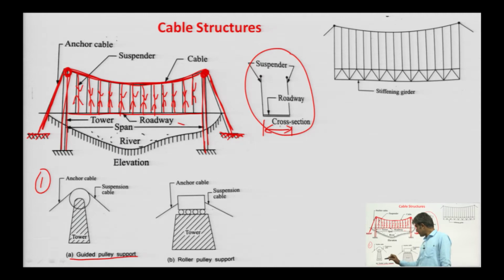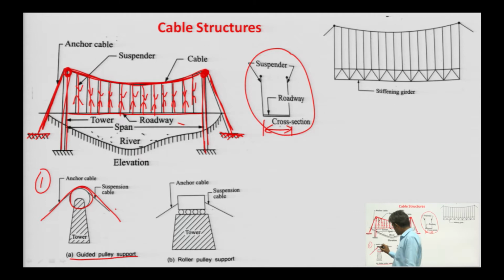In this case, this main cable and anchor cable is passing through this pulley. Okay. This one side is the main cable and this one side is the anchor cable.